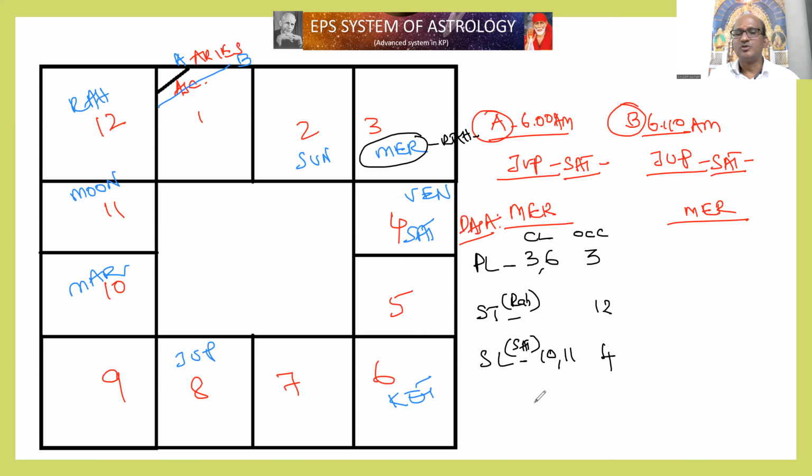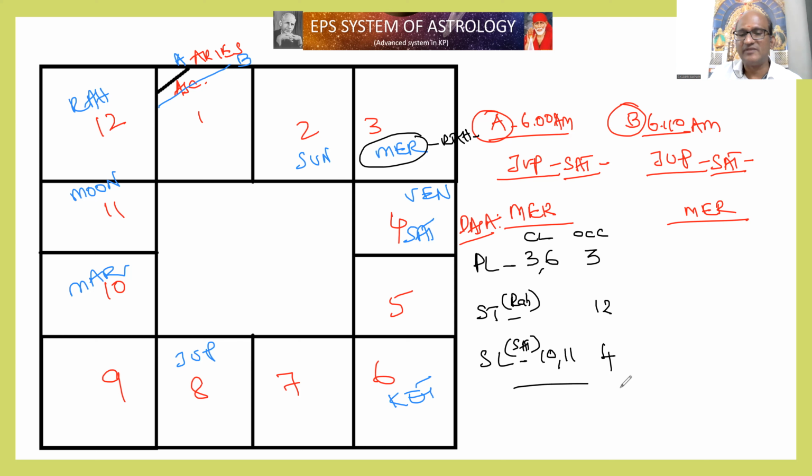So this is the way we take the signification of planet Mercury, 3 and 6, in the star of Rahu posted in the 12th house, and then Rahu in the sign of Jupiter. That Jupiter signification also we can add to that, and also which planets are aspecting Rahu. All these things, as per our normal method, we can take.